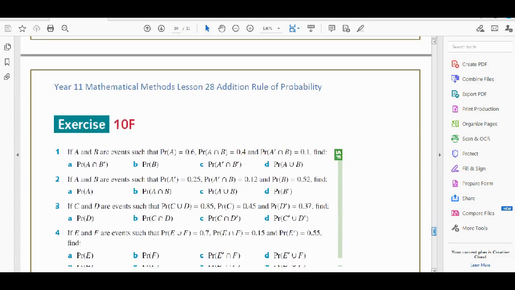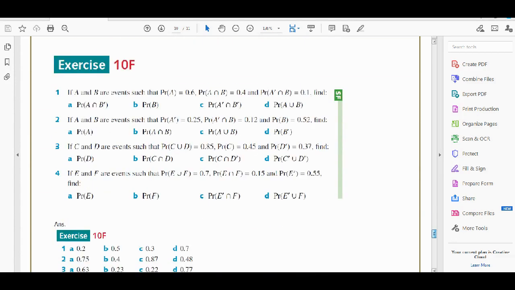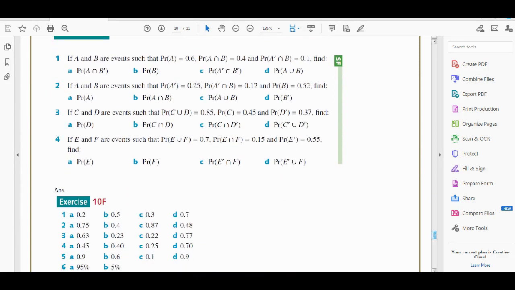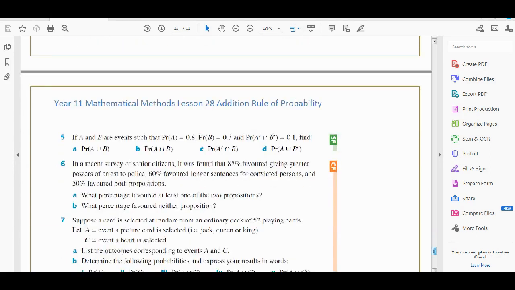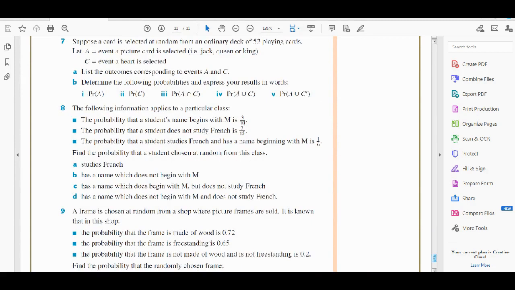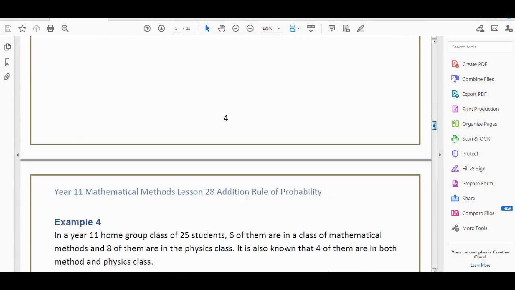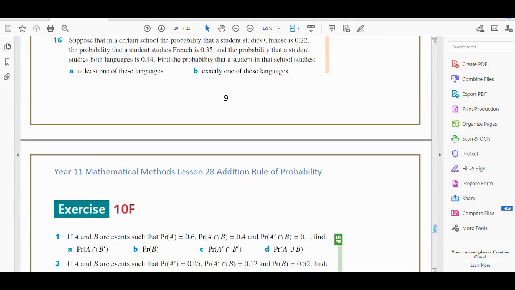But you need to do some of them to make sure you understand the language of probability. They are not that difficult because you've got the foundation in Year 10, so we're just giving you a revision using new language, but the essential idea is pretty much the same.